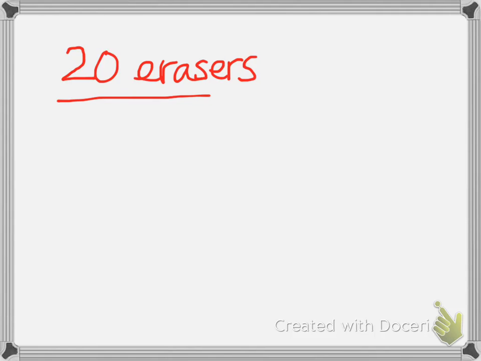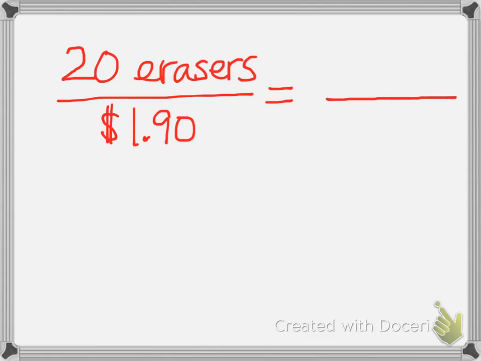Alright, so we're going to set up a ratio, or a rate actually here, with what we know. We know 20 erasers cost $1.90. And we're going to set up a proportion. So we're going to say that equals 22 erasers. And we don't know how much that costs, so that's going to be our X. Or you could use any other letter.